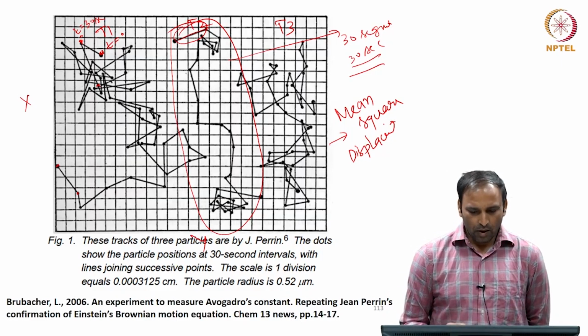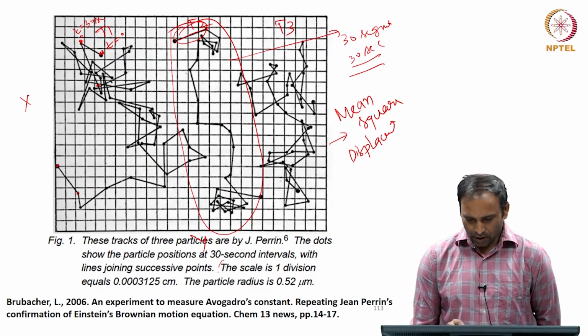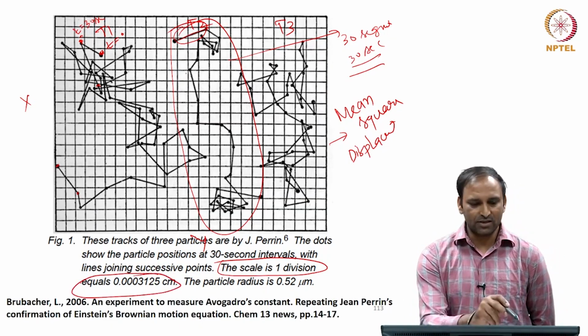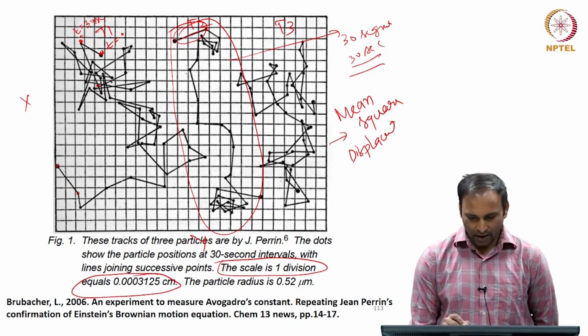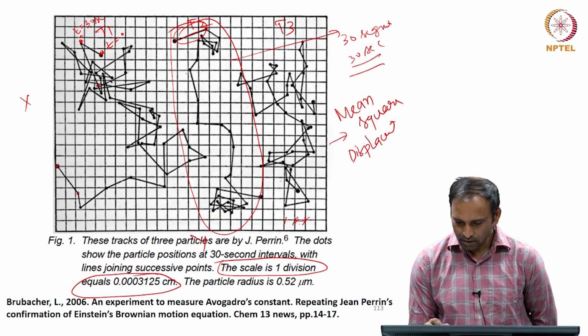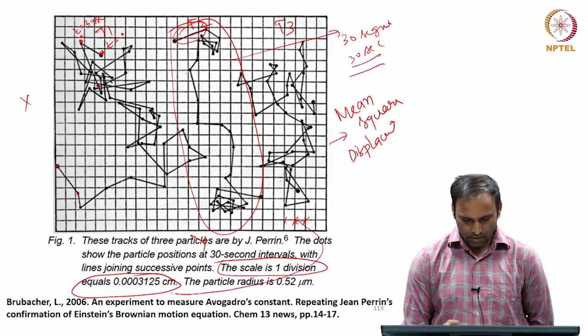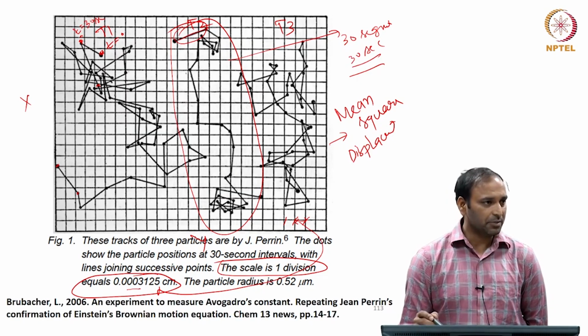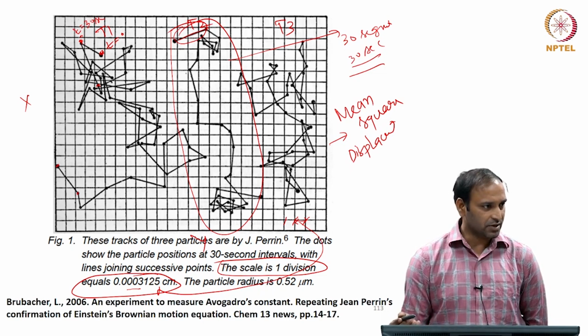What I need to know is the scale of one division, because this is a graph, and one division, that is the distance going from maybe this to this, that distance is 0.003125 centimeter. I know that distance.